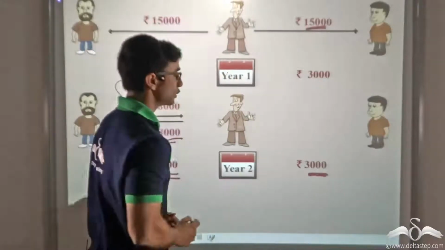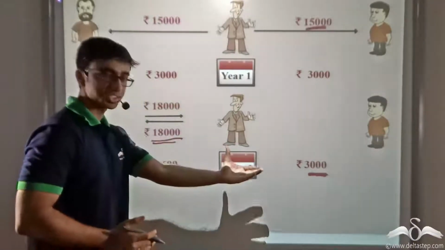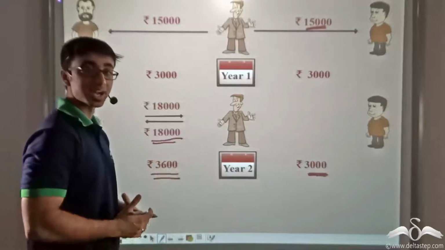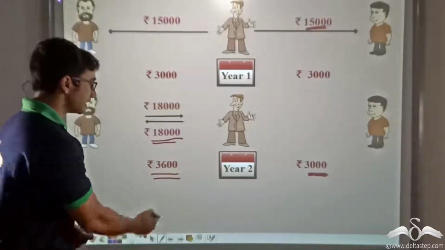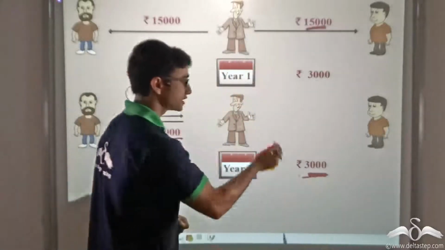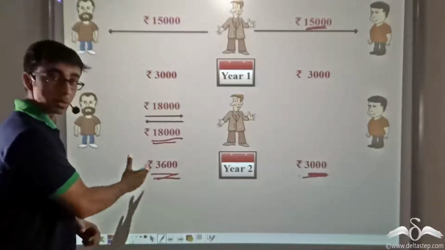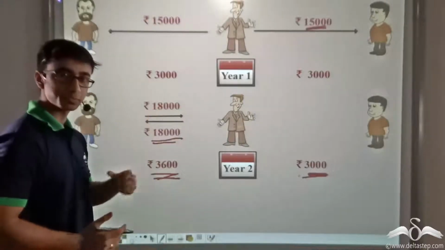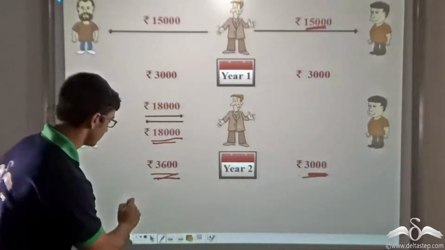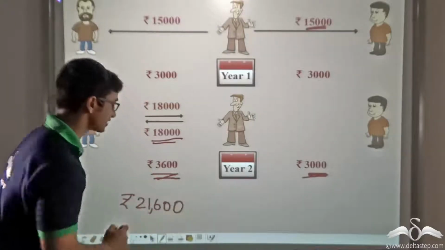So Narayan now finds that at the end of second year, the two interests paid by these two friends of his are different. One is paying back rupees 3,600 and the other one is paying back rupees 3,000. So if we calculate the amount in both their cases at this point of time, we get for Sundar, it is rupees 21,600.